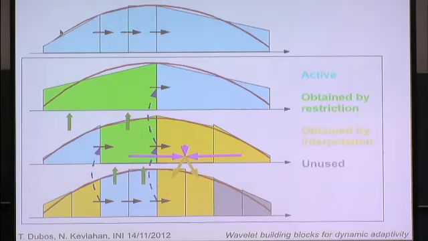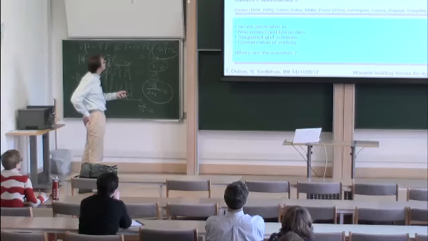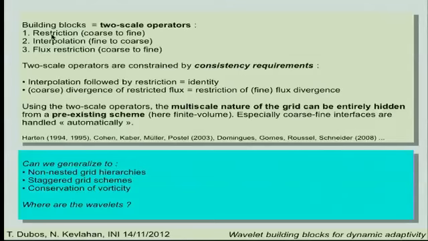So the finite volume scheme doesn't have to know how to handle fine-coarse boundaries in this setup. This is handled by the interpolation operator. So I can hide the multiscale nature of the grid from my underlying scheme.